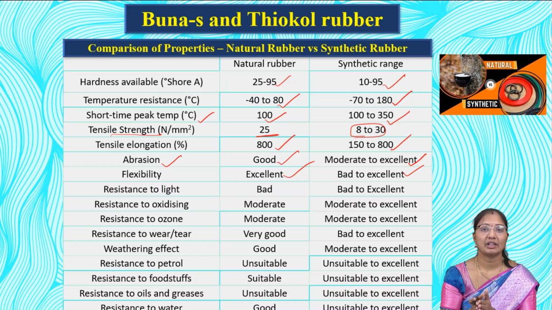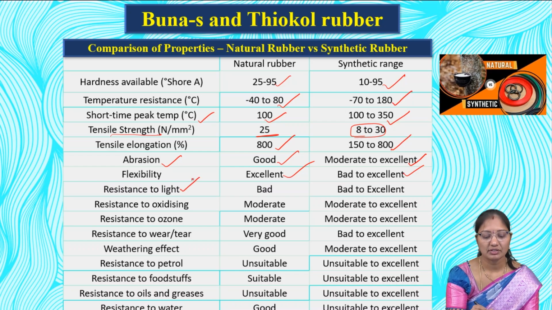We cannot specify, like natural rubber, which is polyisoprene, whereas synthetic rubber has many types that can be prepared, like neoprene, nitrile, polyisoprene, Buna-S and Thiokol. Their properties depend upon their chemical structure.